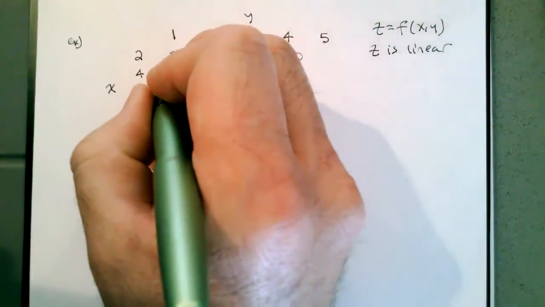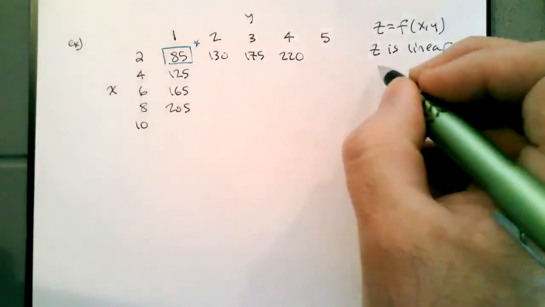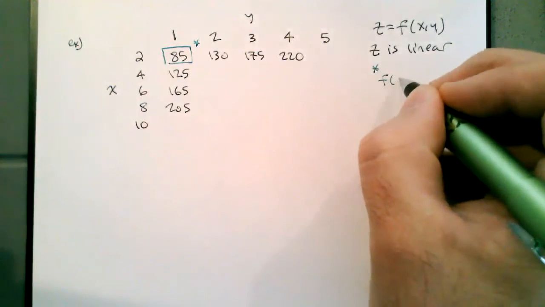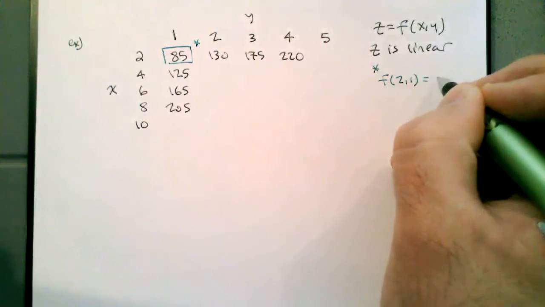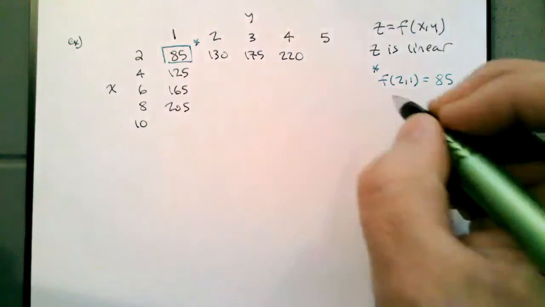So this entry in the box means that f of (2, 1) is equal to 85. z is equal to 85 when x is 2 and y is 1.